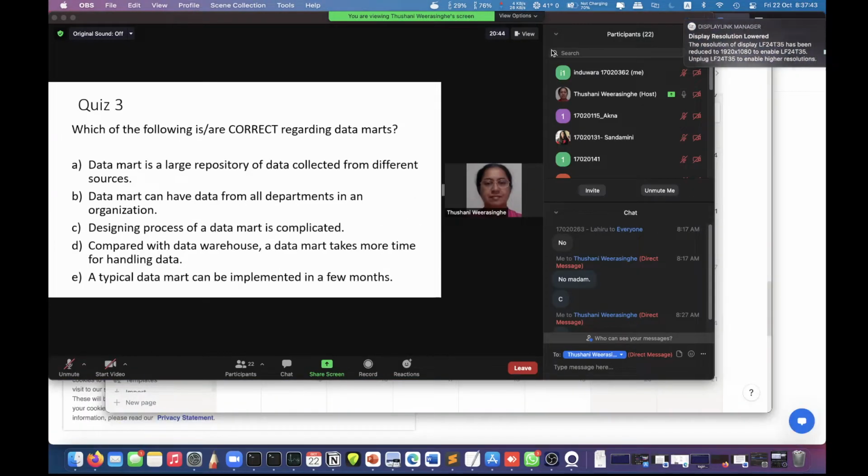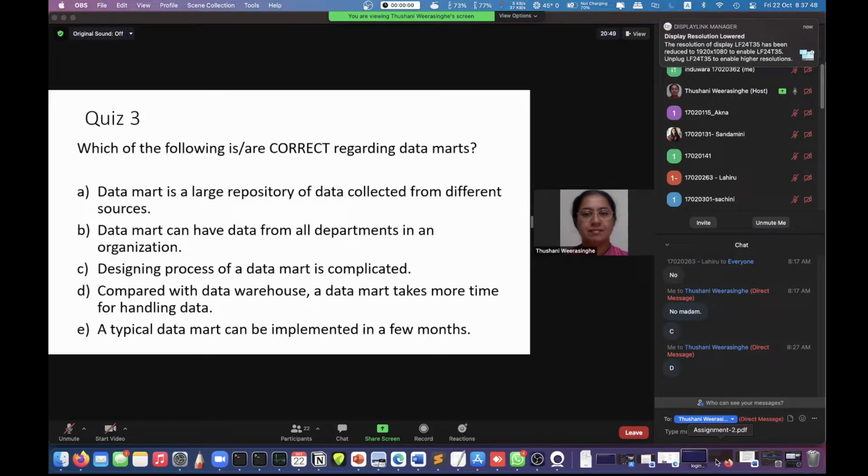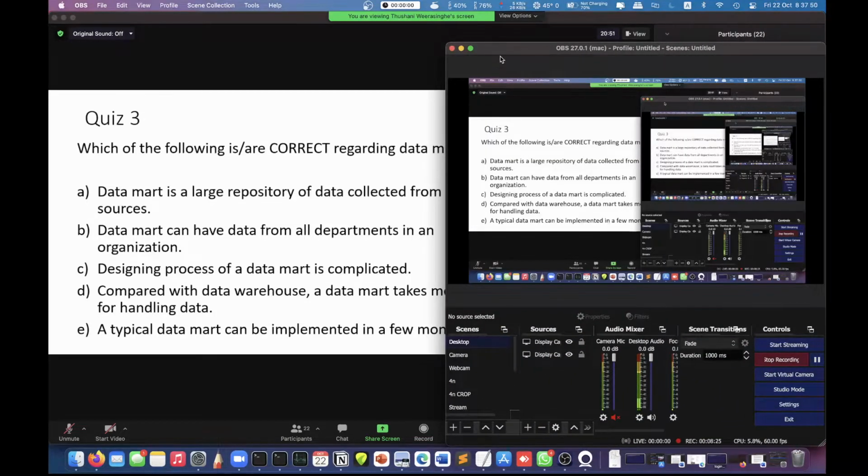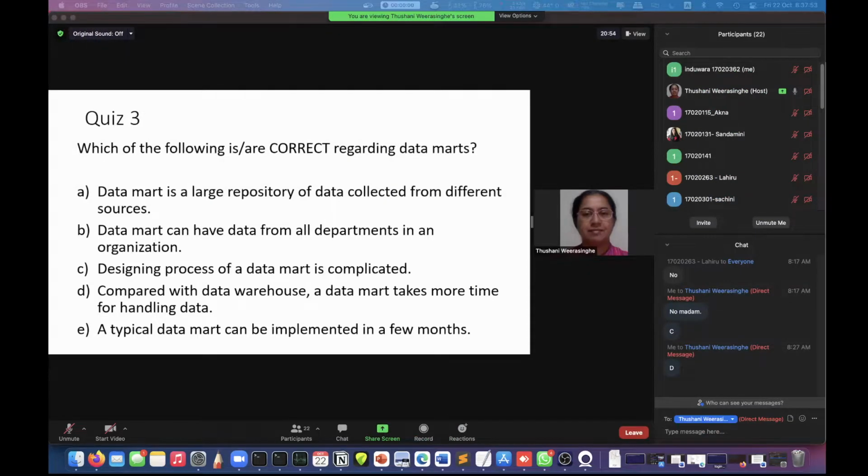Everybody please. I have received one answer now. Very good. Let me see it. Yes. Oh, Hiromi. Good. What about the others? I have two replies.